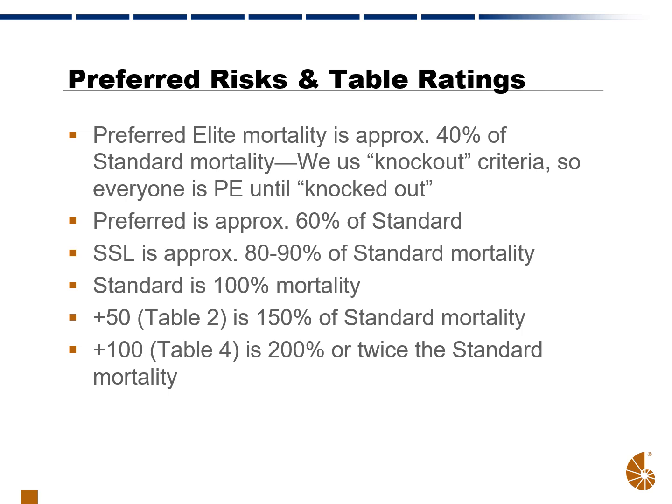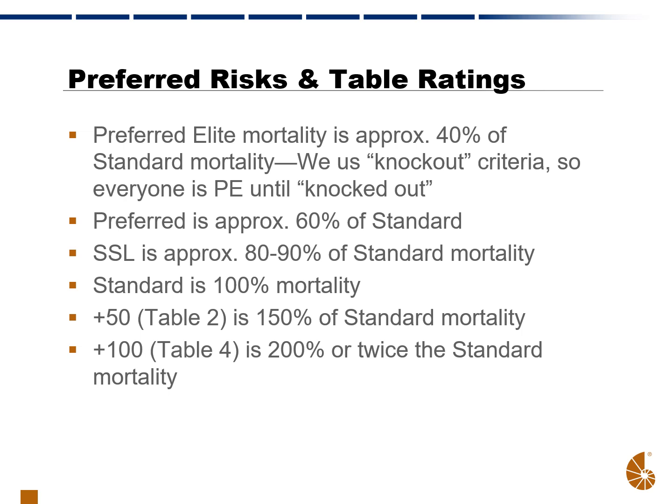What's preferred mortality risk? Whatever terminology the company uses, whether it's preferred elite, select preferred, or some other euphemistic term to designate the best risks, let's say it could be approximately 40% of standard mortality. Most companies use what we call knockout criteria.